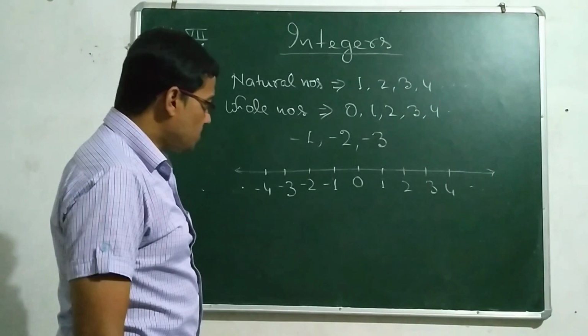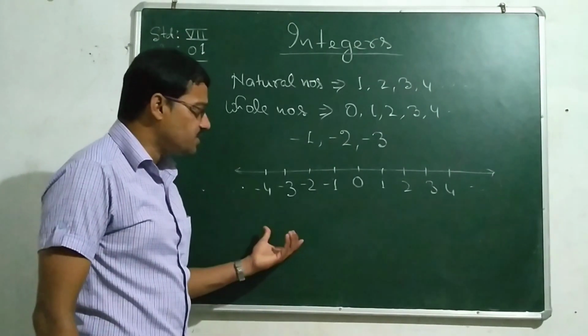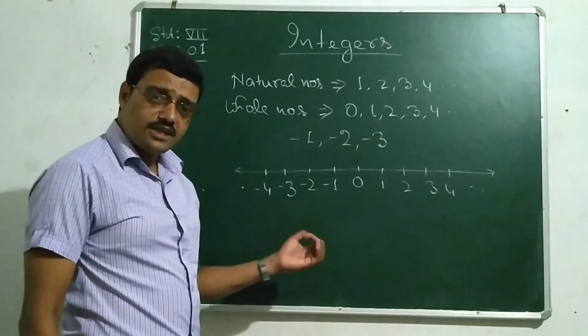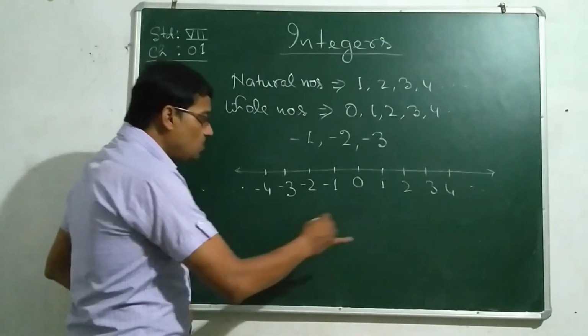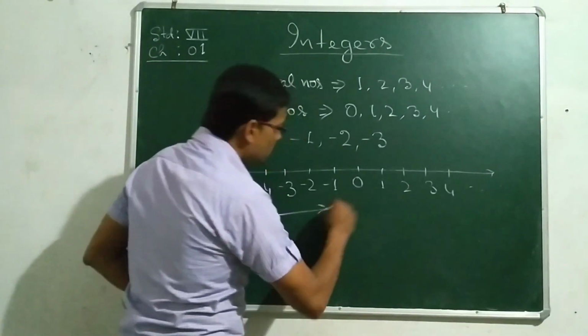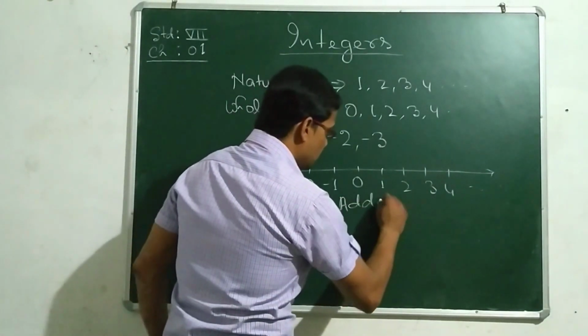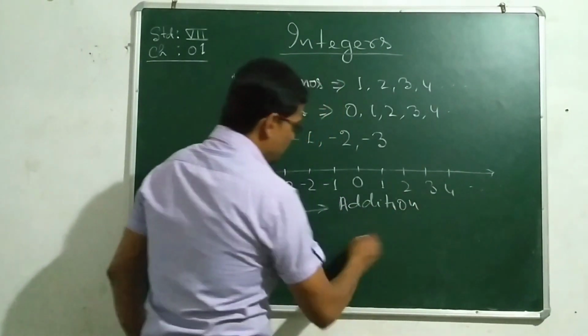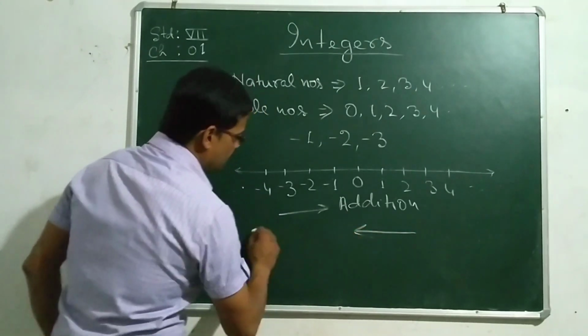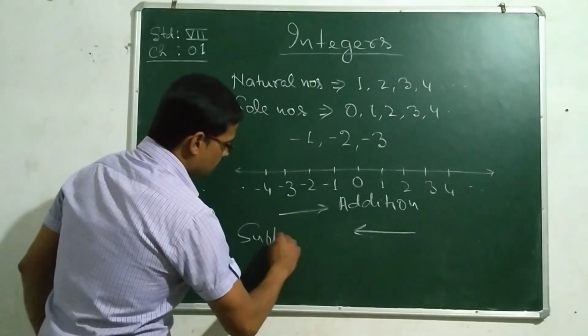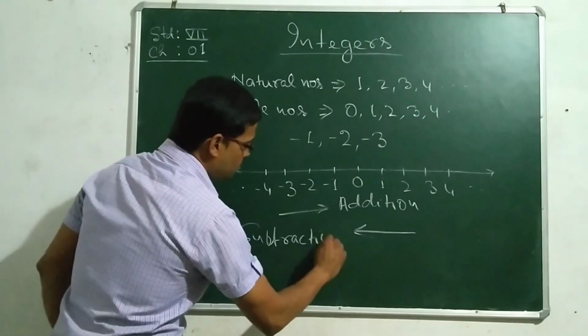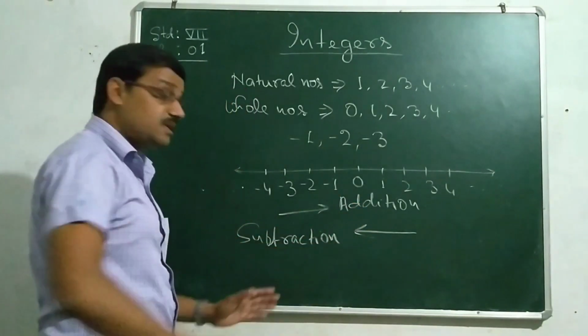I think it must be clear to you what integers are and about the operations on integers. If you move right side, that is addition, and if you move left side, that is subtraction. So it's very easy to understand addition and subtraction.